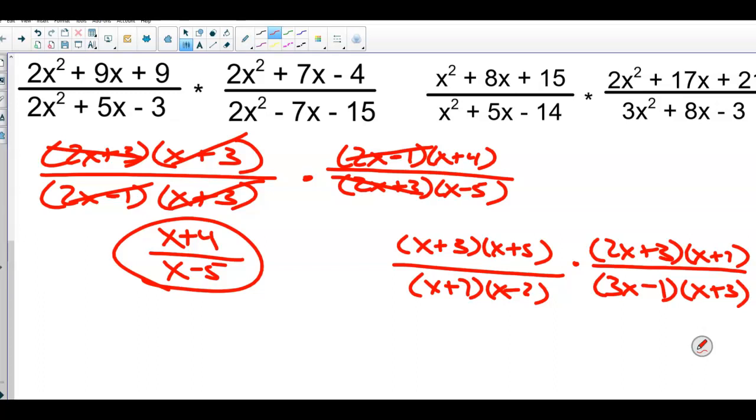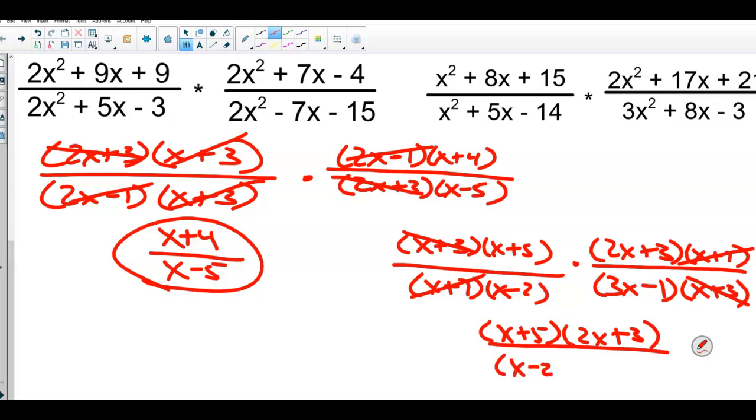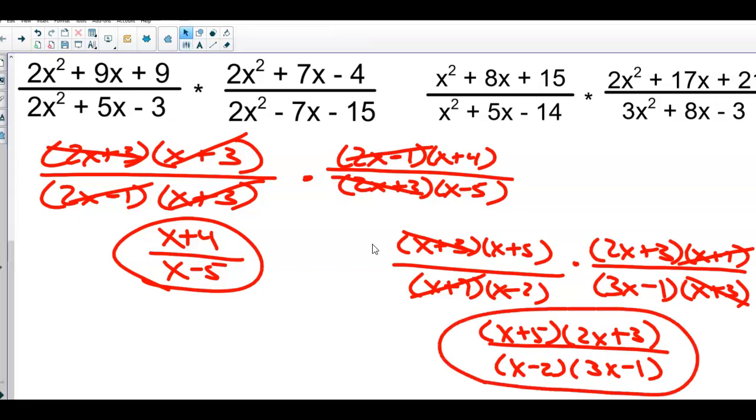Okay, and we look diagonal. x plus 3, x plus 3, x plus 7, x plus 7, x plus 5, 2x plus 3, x minus 2, 3x minus 1. And that's our answer. Okay, we just multiply across after simplifying diagonally and vertically.